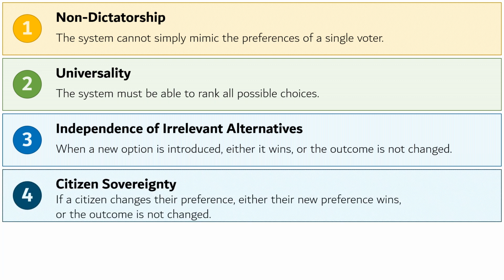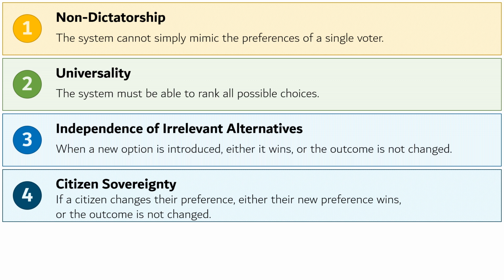The fourth rule is very similar. Citizen sovereignty says that if a citizen changes their preference, either their new preference wins or the outcome is not changed. Let's say vanilla, chocolate, and strawberry are always options, and when we vote, vanilla wins. But then one person in the group says, I thought I liked vanilla more than strawberry, but really I like strawberry more than vanilla.